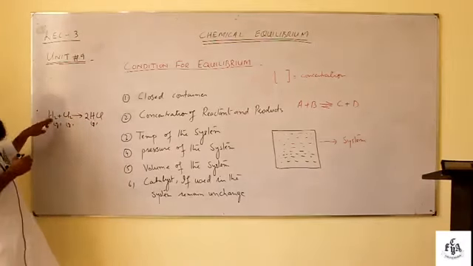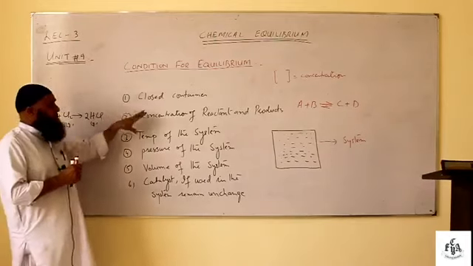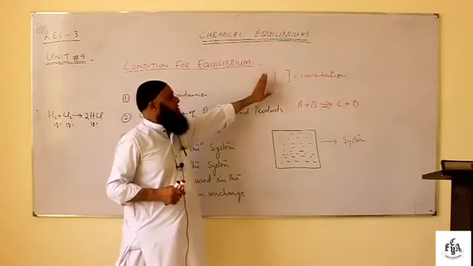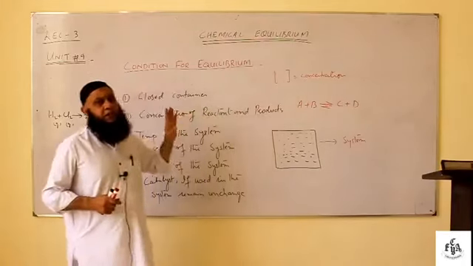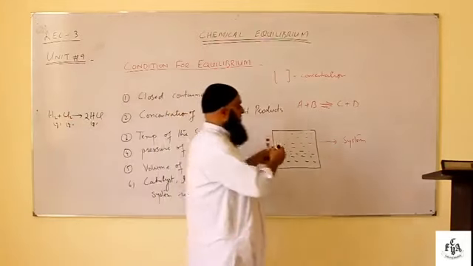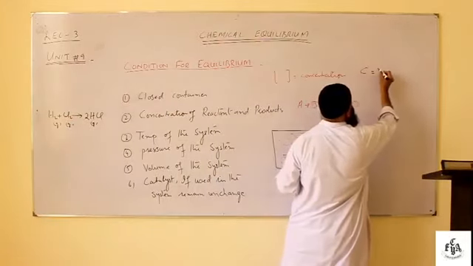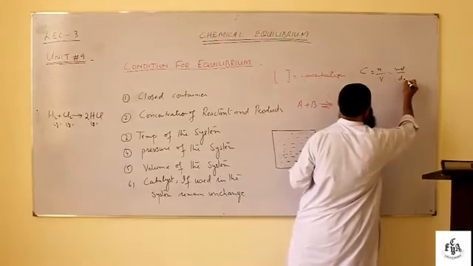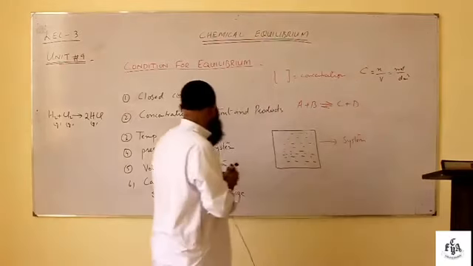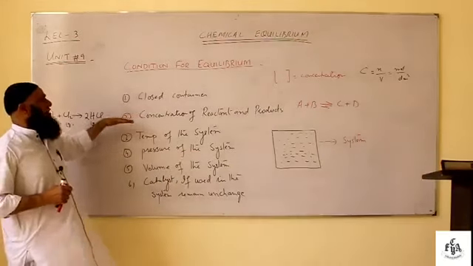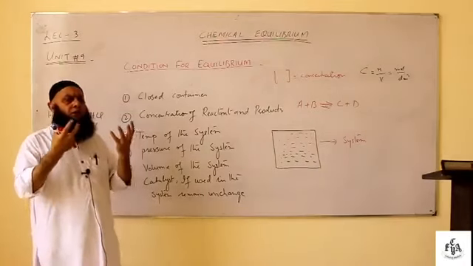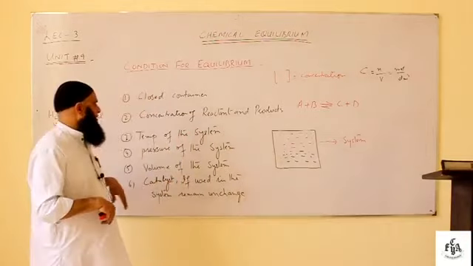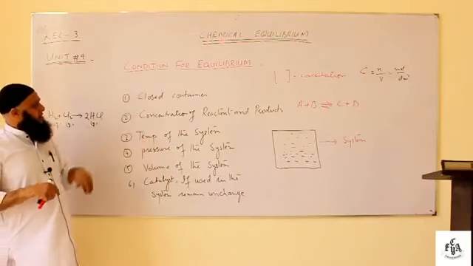These are the molar concentrations, and they are represented by square brackets. A square bracket means concentration, and in the last lecture I told you concentration is equal to number of moles over volume, that is mole per decimeter cube. So this is the second condition, that a specific concentration of reactant is needed for a chemical reaction.